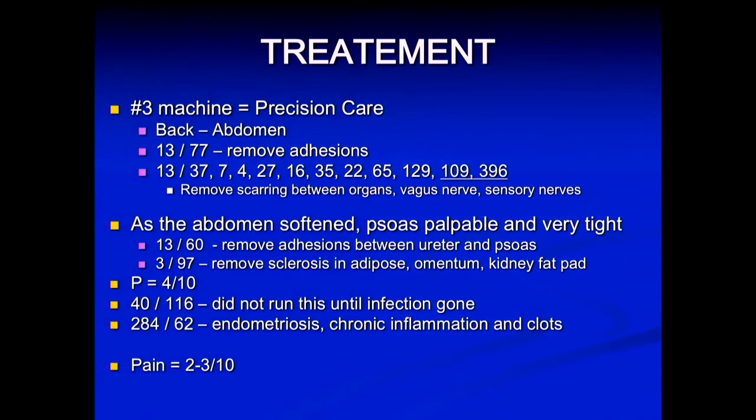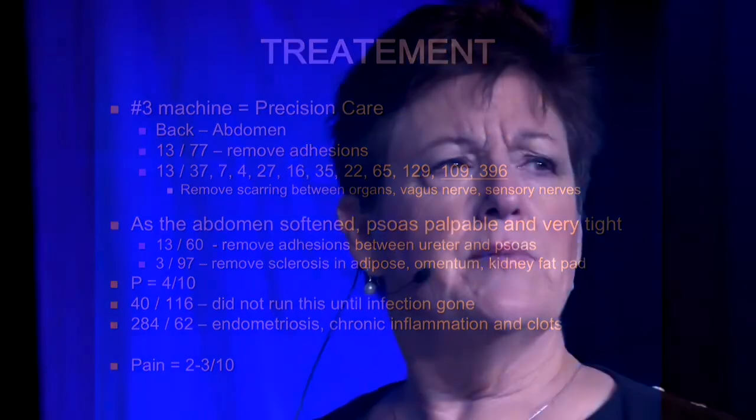With all that inflammation, those critical organs were scarred down. And is the cerebellum going to let a muscle move, the psoas and the QLs? Is the cerebellum going to let you elongate those muscles? No, it's not open to negotiation. So they stay tight. When you take away the scarring in the ureter, the scarring in the kidney, the sclerosis in the fat pad that's behind the kidney, all of her psoas and her QLs just went pudding, we decided.